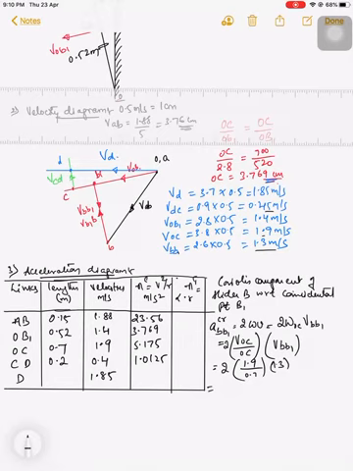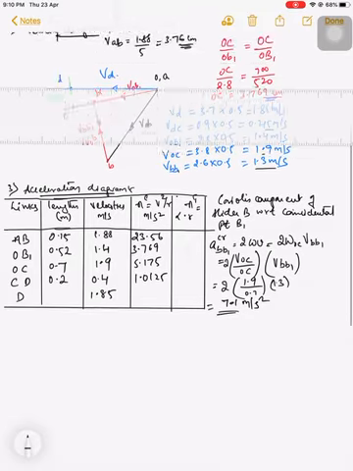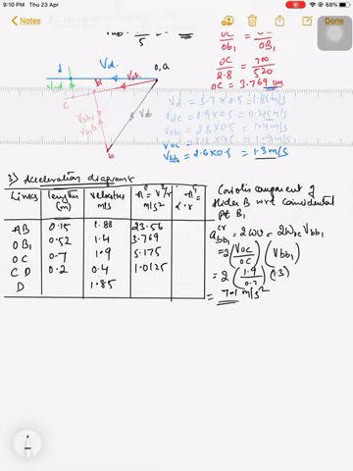So the Coriolis component is 7.0571, which we can consider as 7.1 meter per second square. Now we have to take the scale. Let us take the scale as 2 meter per second square equals 1 centimeter.